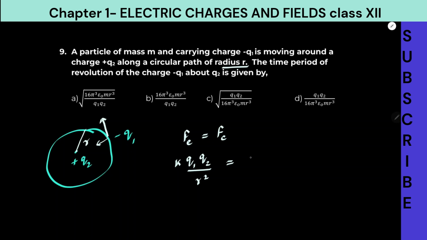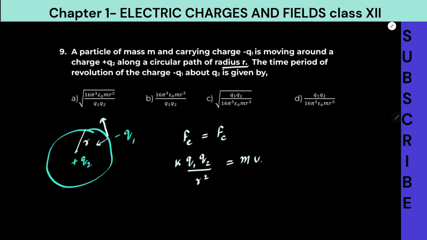And what's a centrifugal force? If you remember from 11th standard, sir, why centrifugal? Because it's moving in a circular path. Centripetal and centrifugal force act only in circular motion, right? So it will be mass of the particle which is revolving, m, and v, velocity. Mass of the particle is m. Oh, not the charge, it's not saying about electron, sorry.